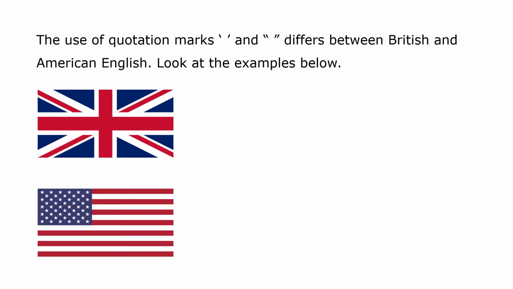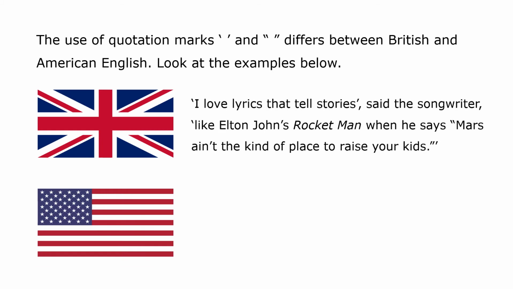The use of quotation marks differs between British and American English. Look at the examples below. "I love lyrics that tell stories," said the songwriter, "like Elton John's 'Rocket Man' when he says, 'Mars ain't the kind of place to raise your kids.'"